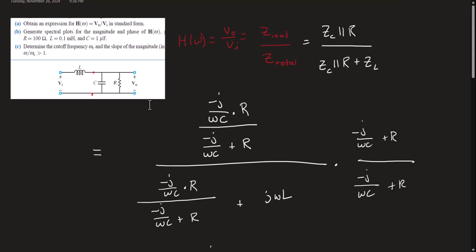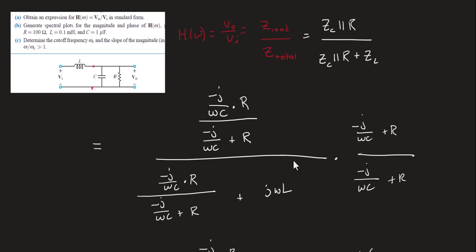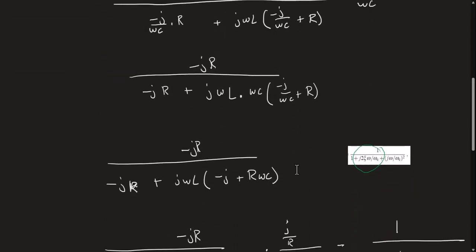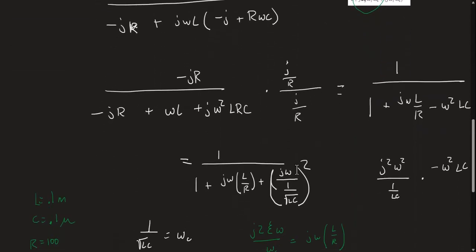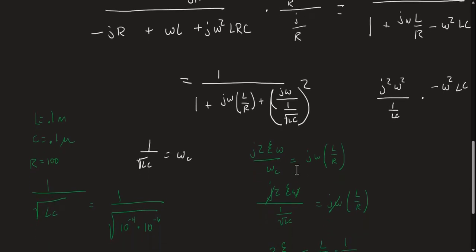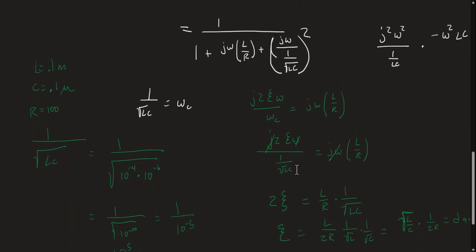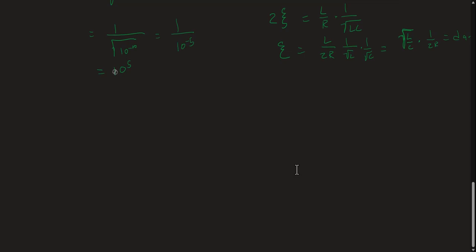Determine the cutoff frequency. So that's 10,000. And the slope of the magnitude when omega over omega c is much greater than 1: when we look at our transfer function, when we get it all in standard form, it's just 1 over a quadratic pole.